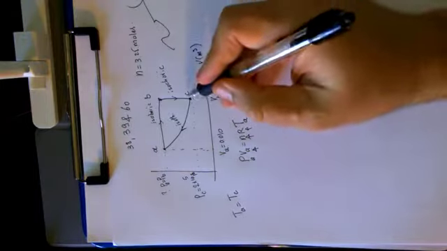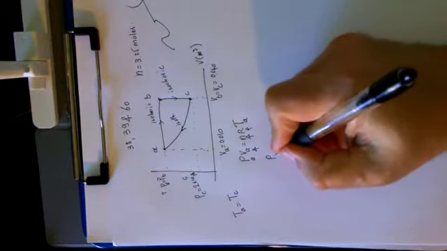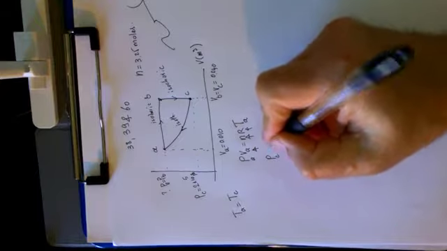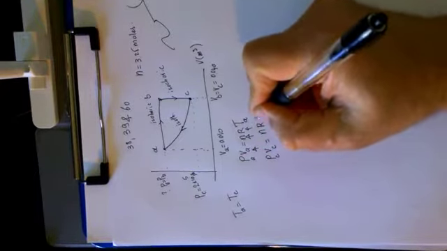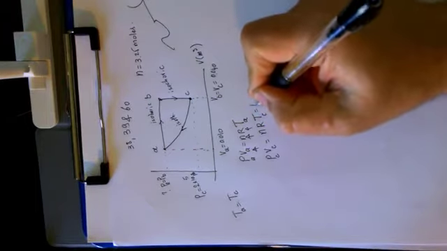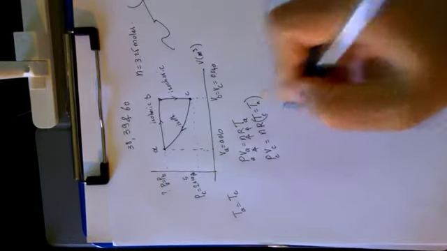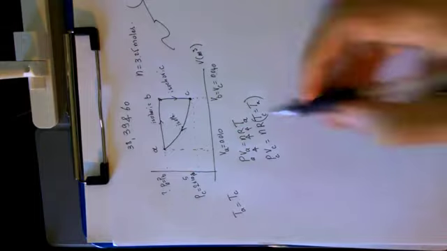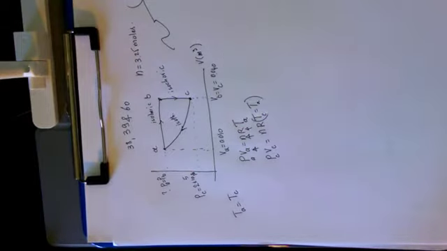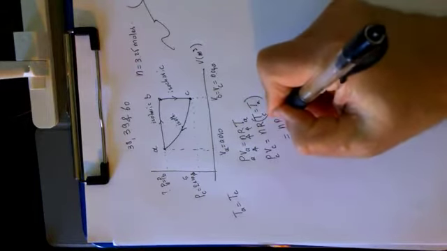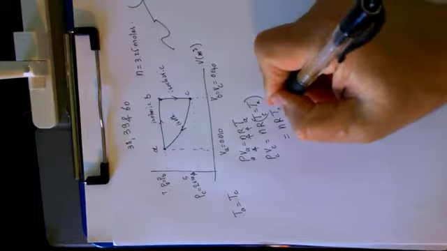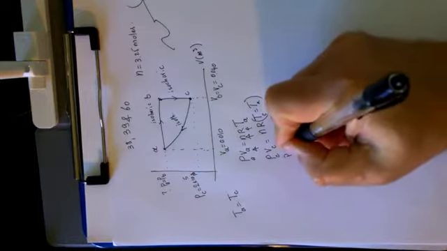So let's find TC. I know that at point C, I have PC times VC is equal to NRTC, which is the same thing as TA. So these two temperatures are the same. So I can write this expression with TA, and this is PC VC.